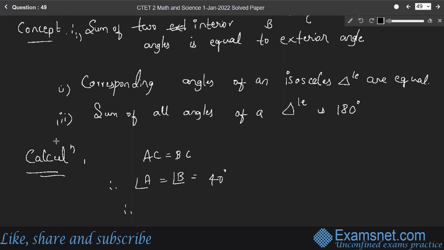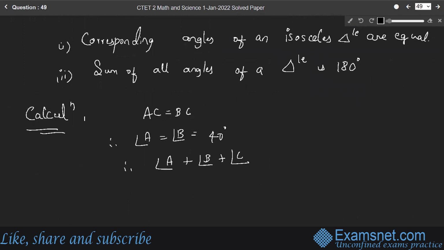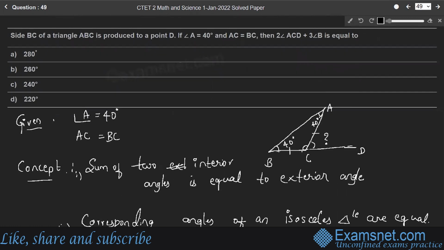And using the sum of all angles in a triangle, that is angle A plus angle B plus angle C, which is the interior angle, is equal to 180 degrees. Therefore, instead of angle C, you can write it as ACD. Angle C is equal to 180 minus 40, which is equal to 100 degrees. So the interior angle is equal to 100 degrees.